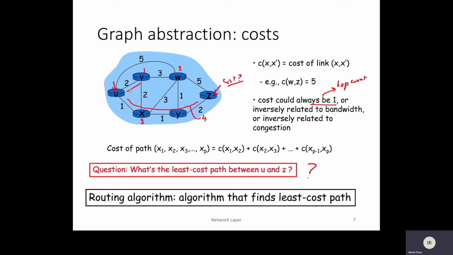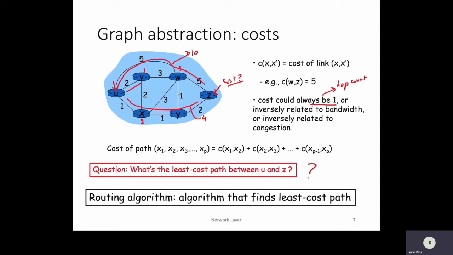The cost of this link is 4. And similarly, if I look at this cost from U to W to Z, this is obviously the cost of this link. Right? This is 10, which is obviously more than 4. And what about this cost between U to X, then X to Y, and then Y to W, and W to Z?